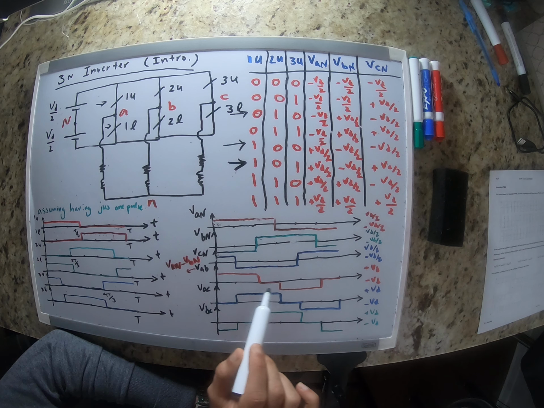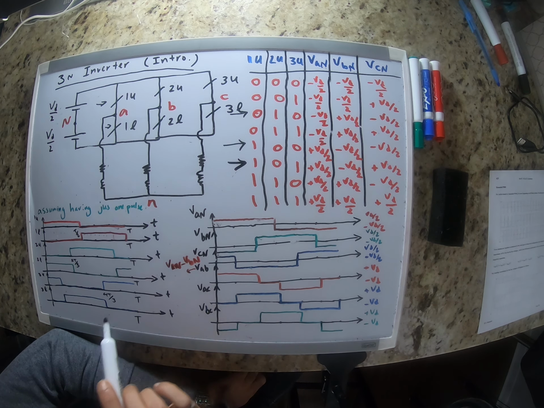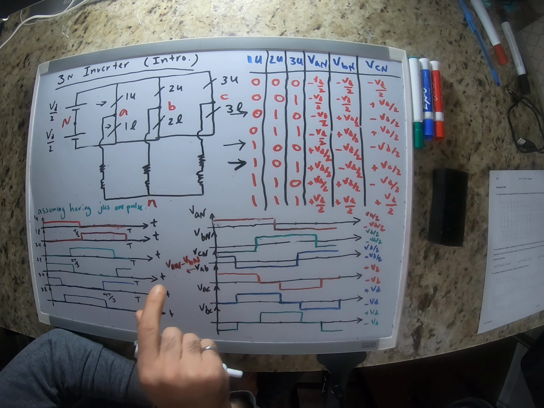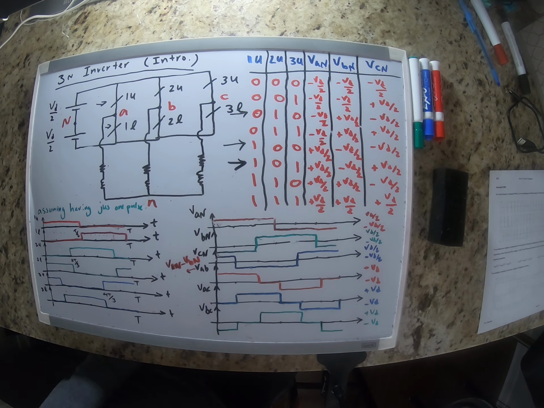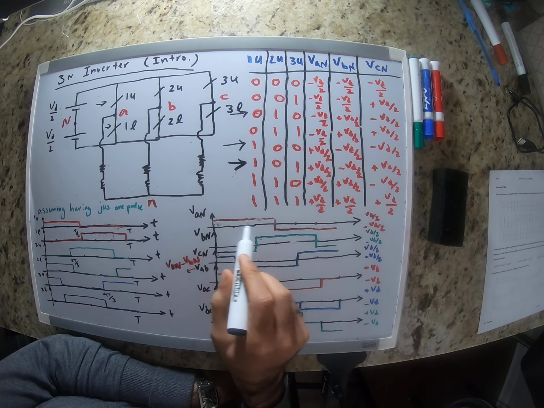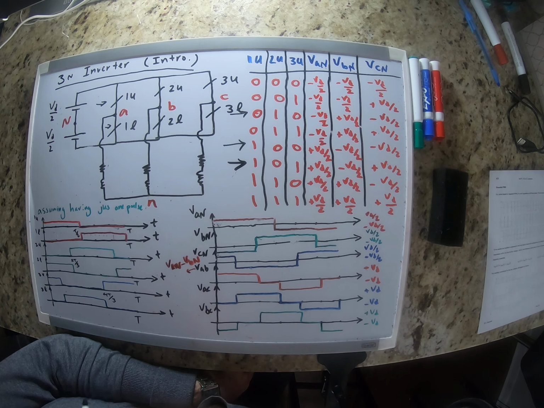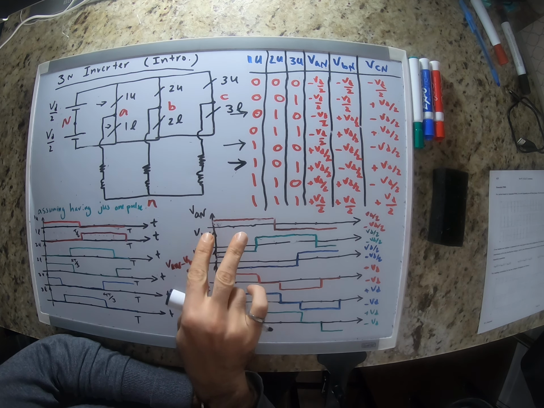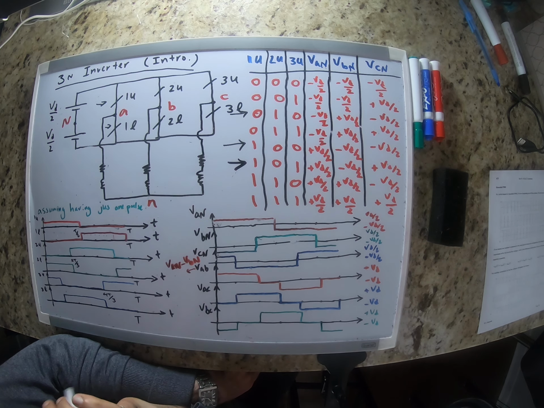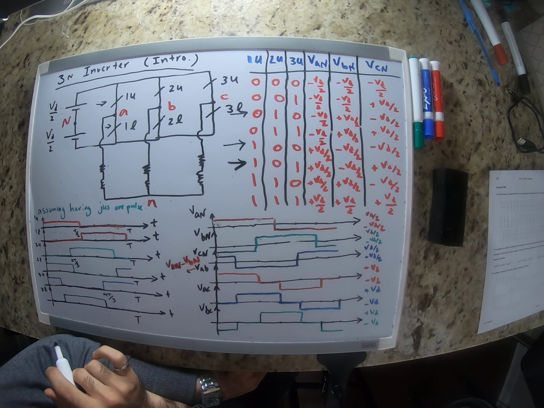So we end up with the phase voltages, and you would see that they're going to be equal to VD over 2 for half of the period and equal to negative VD over 2 for the other half. And they have that 120 degrees phase shift that we wanted to have between phases, right?